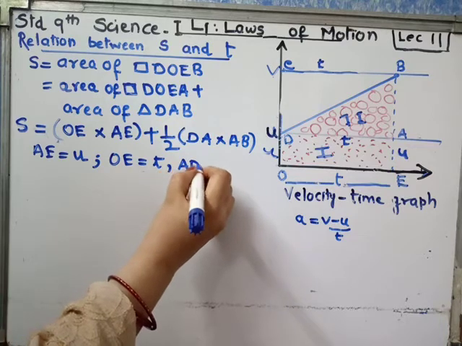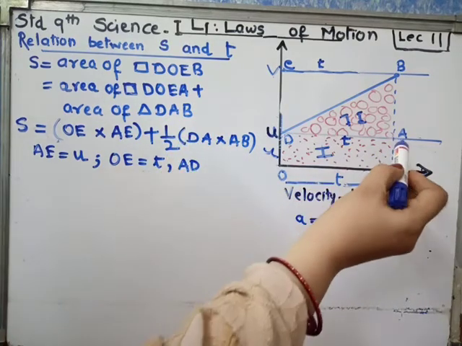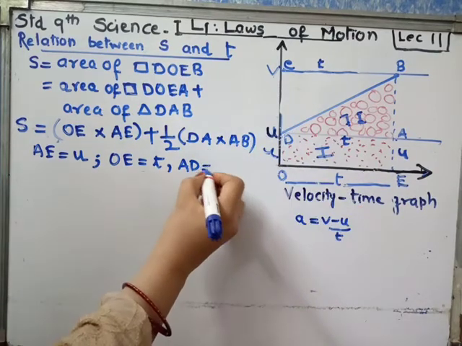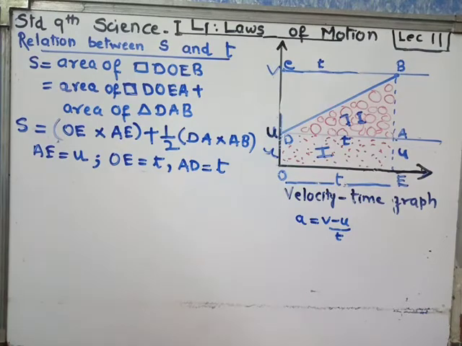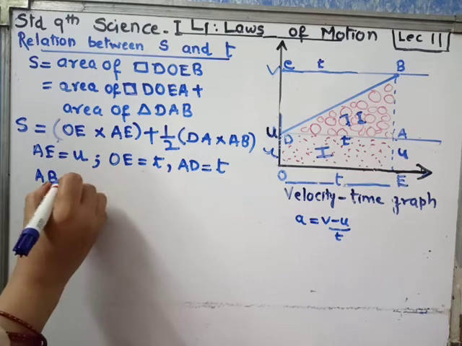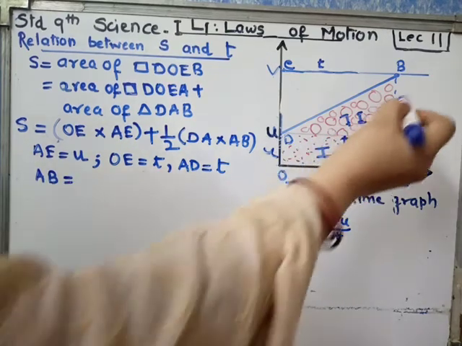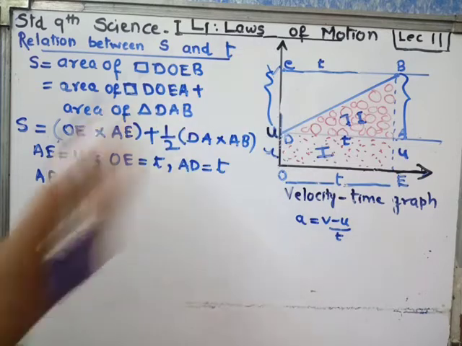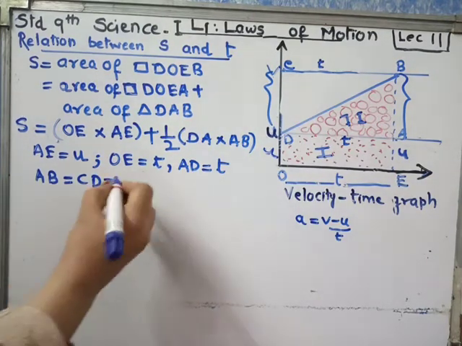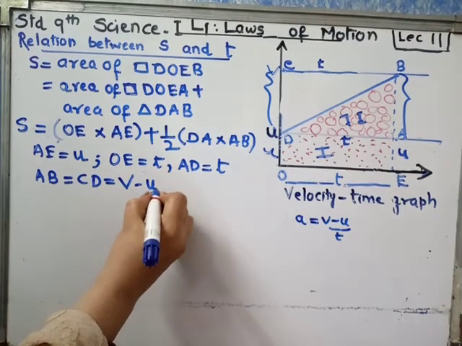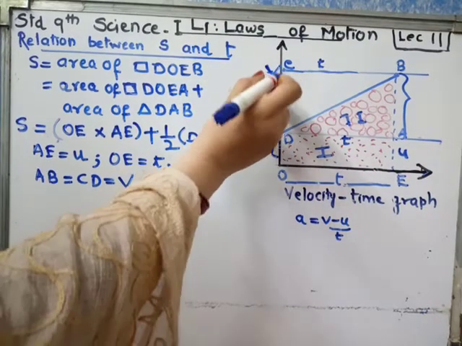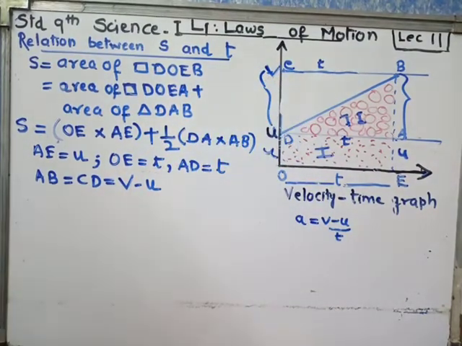AD is also equal to small t. AB is equal to CD, and CD is equal to V minus U.